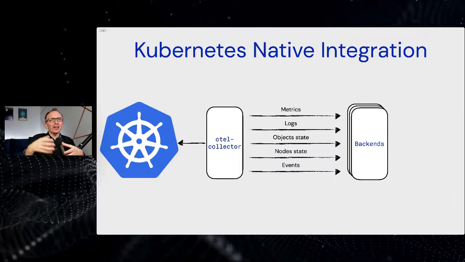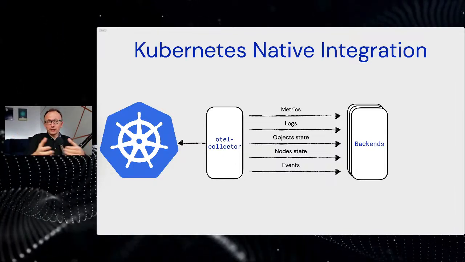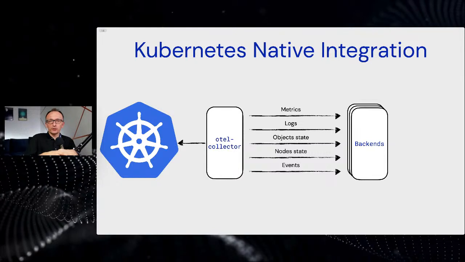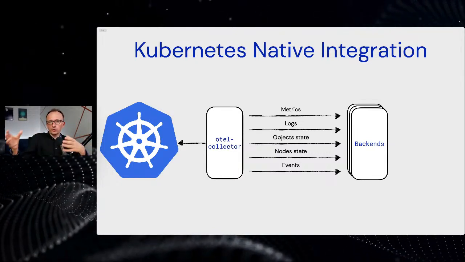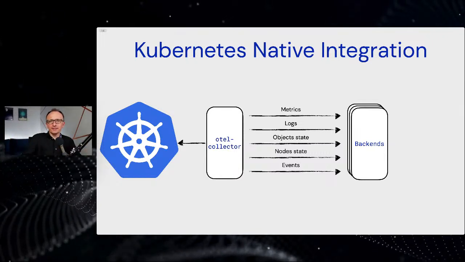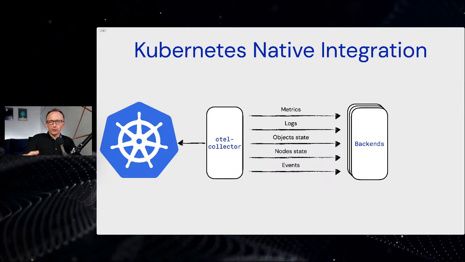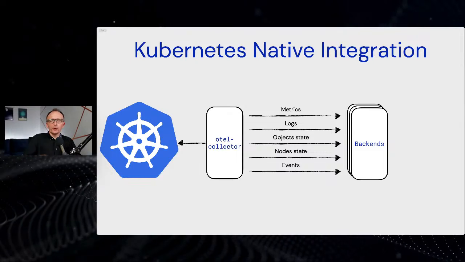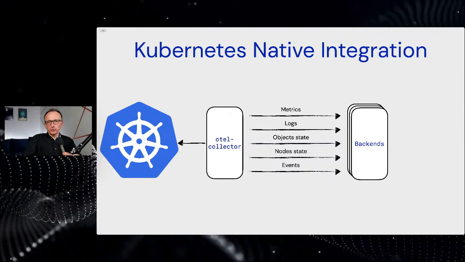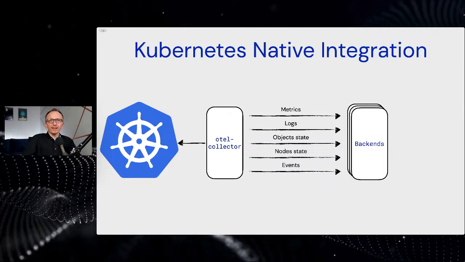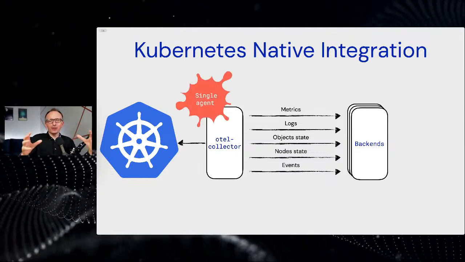You need to send them. And the OpenTelemetry collector can do it for you, can send your events to your backend or backends in order to help you troubleshoot your system. And that's the beauty of it.